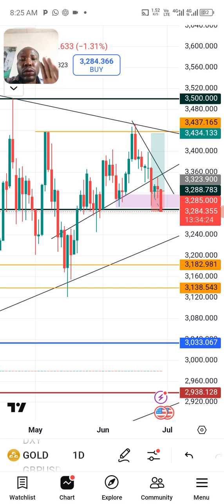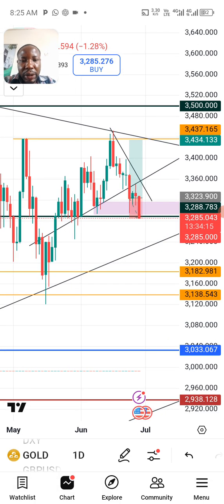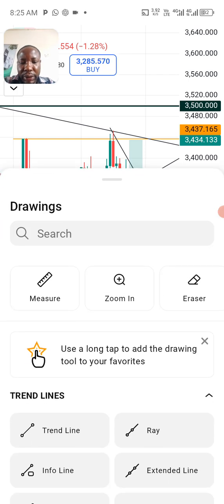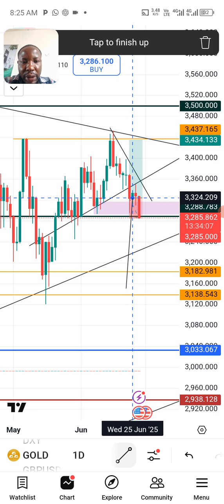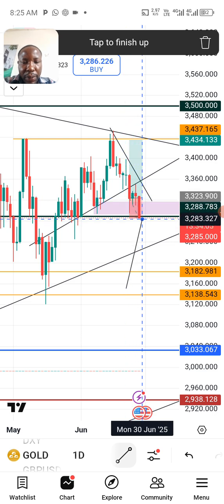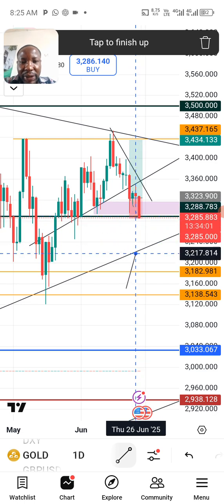You need these two time frame confirmations, the monthly and the daily. I just use this as a trade example, so you understand. You can see that trade there. This is the entry, this should be your stop loss, and this should be your target, right? But it's heading to my SL.